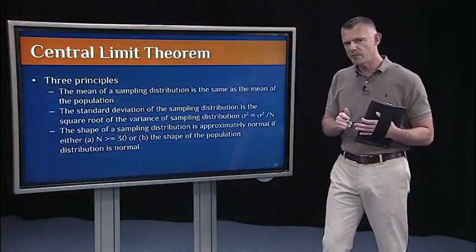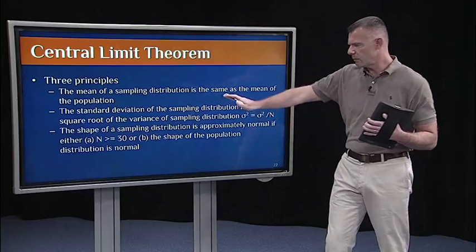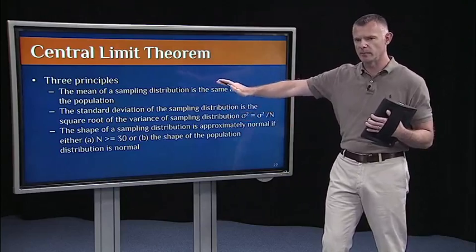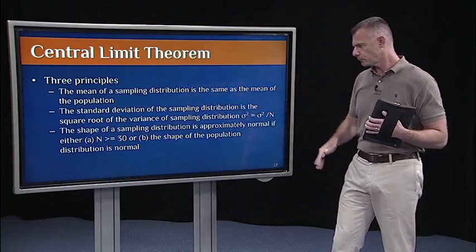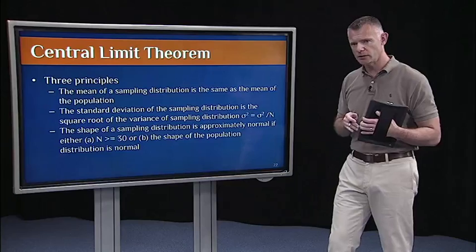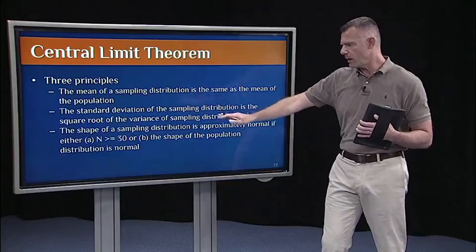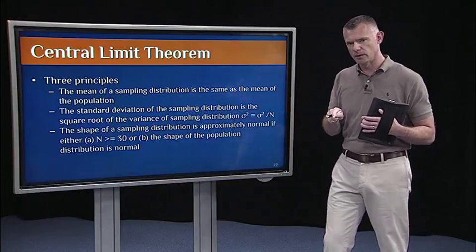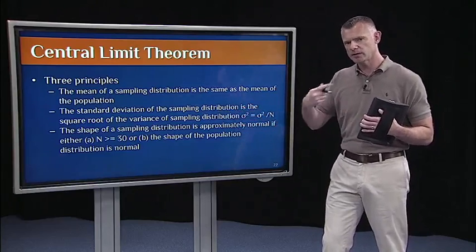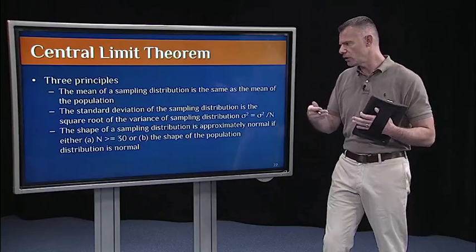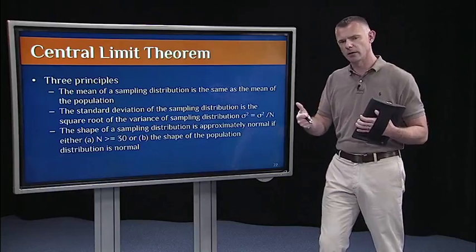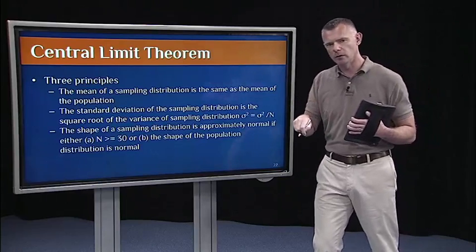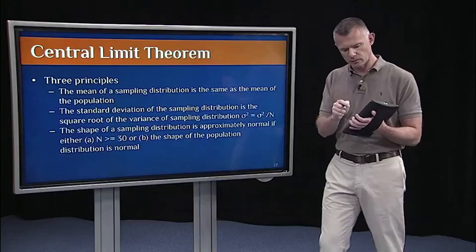Some people might quibble with that n of 30, some people might make it a little higher, some people a little lower, depending on the statistician you're talking to. But the point here is that the population itself doesn't have to be normally distributed. As long as we get multiple samples of large enough size, say n greater than 30, then the sampling distribution will take on a normal distribution. That's a critical point.